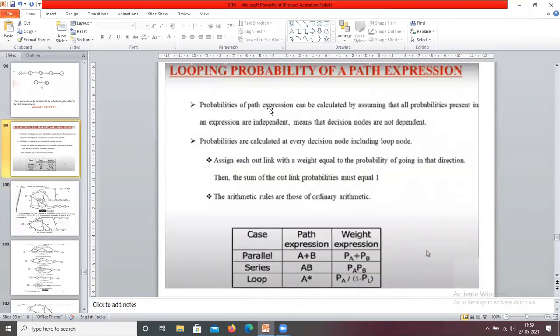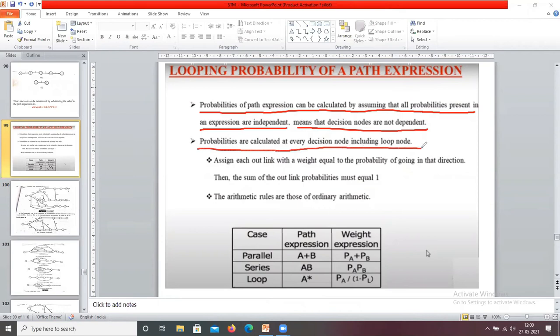Probabilities of path expression can be calculated by assuming that all probabilities present in an expression are independent, meaning the decision nodes are not dependent. Probabilities are calculated at every decision node, including the loop node. Why? The loop node also contains a decision.